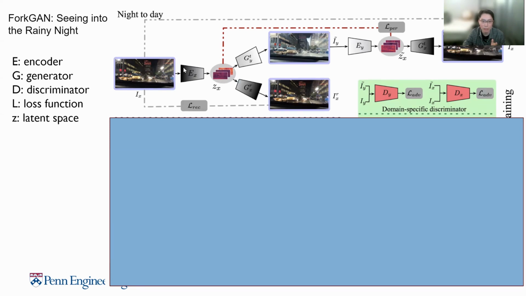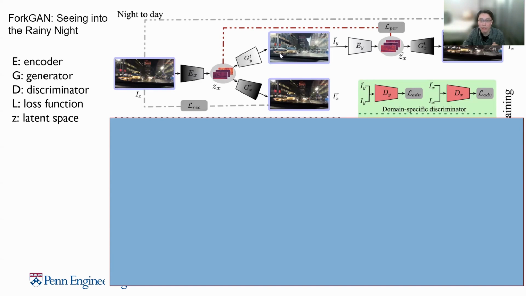So it uses an encoder to find this latent space from the night scene, and it also trains a generator that takes in this latent space and generates a night scene image. And if this one and this one are correct, then we should get a result that's the same as the input, right? Because we are correctly encoding the information into the latent space.